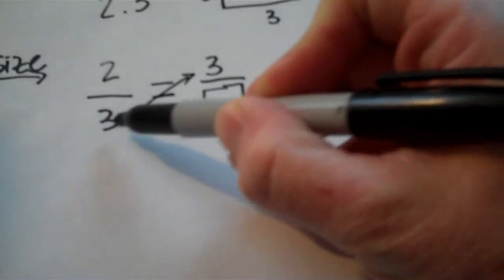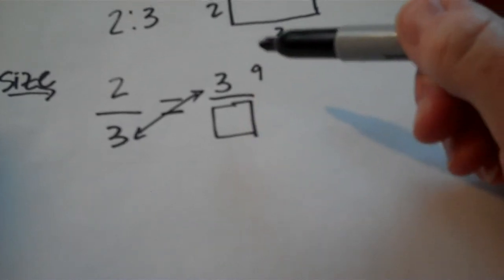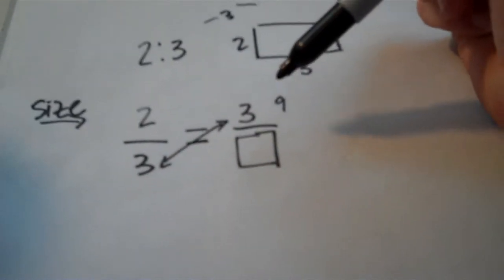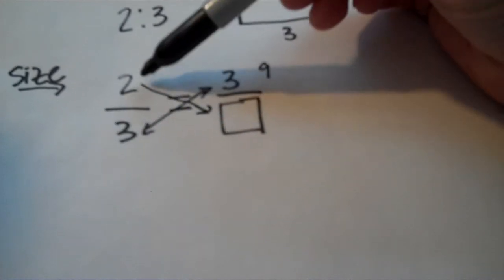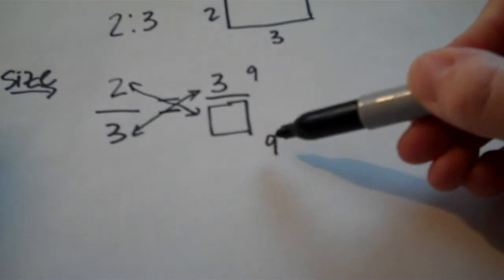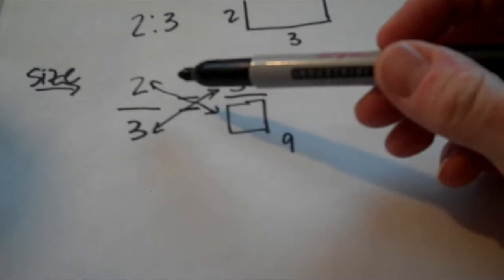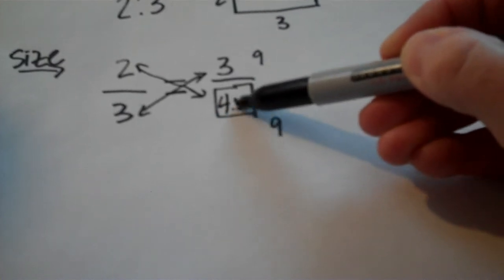We take the 3 times the 3, which gives us a 9. And for these fractions to be equal, our cross multiplications have to be equal. So we have to figure out whatever 2 times something is going to also give us a 9 down here. So we divide 9 by the 2 and we get 4.5.